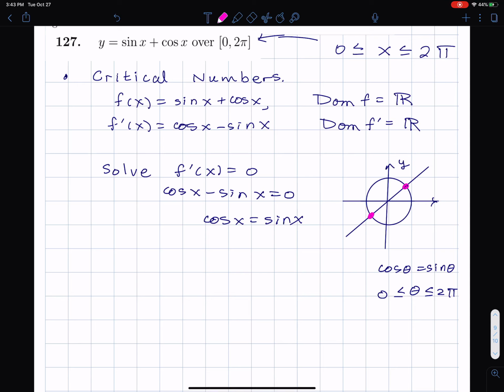In quadrant 1, both x and y are positive. In quadrant 3, both x and y are negative. So they're both positive or both negative. That's a good start. I can see at those points that the x and y should be the same.